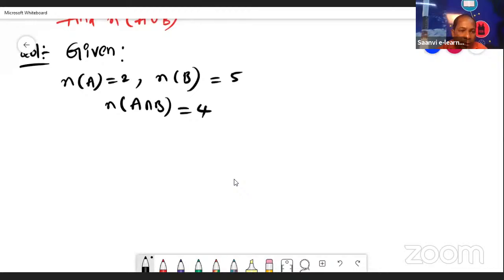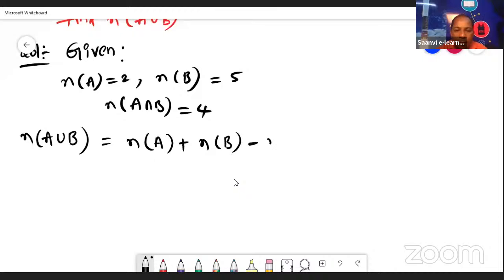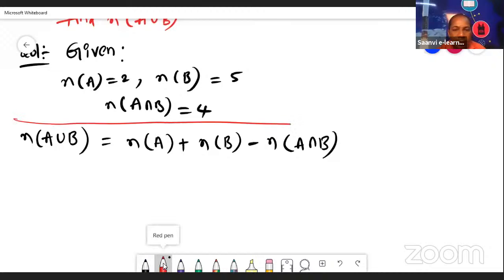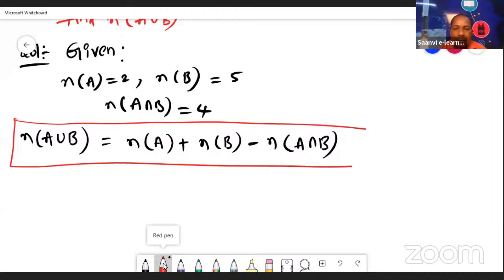What is the formula of n of A union B? n of A union B is equal to n of A plus n of B minus n of A intersection B. This is the formula, right?